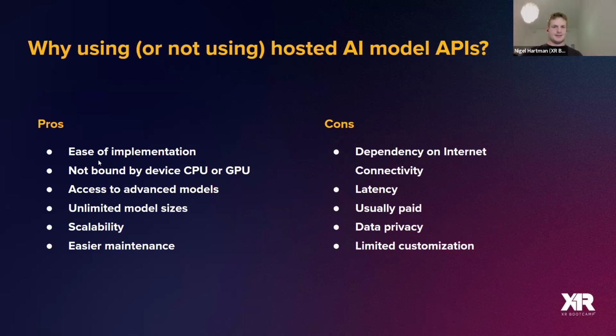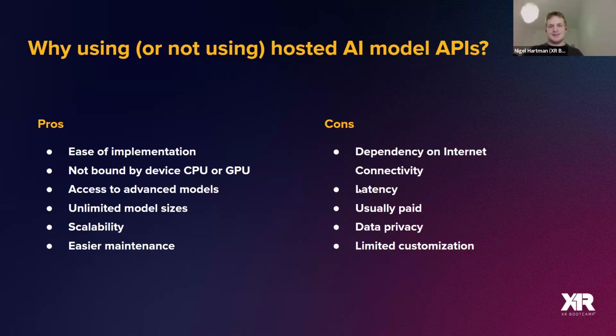You can see it has some advantages and disadvantages. Like I said, it's really easy to implement. You are not limited by your local available CPU or GPU. You basically have unlimited model sizes, because these models on the cloud server can usually be quite big. And you don't have any of the other problems you usually have if you need to run it yourself.